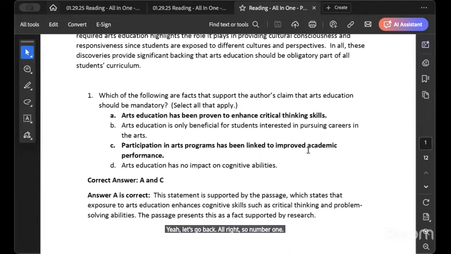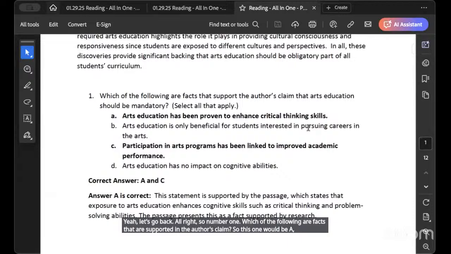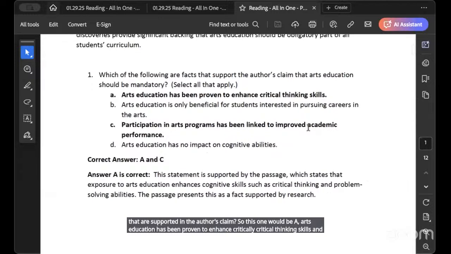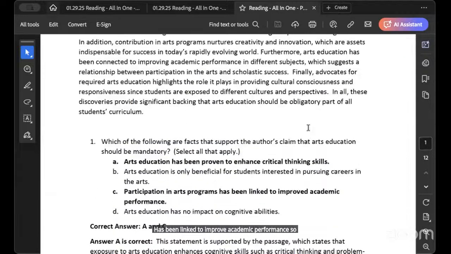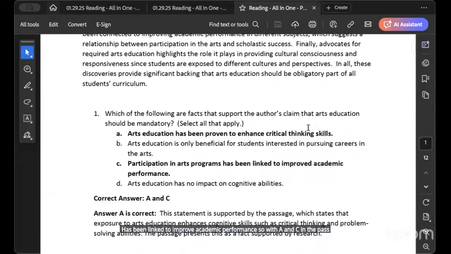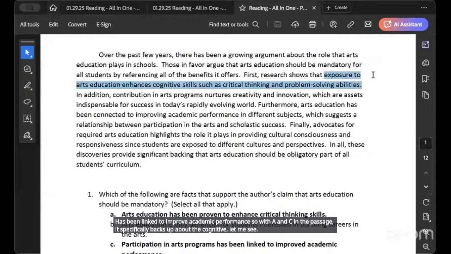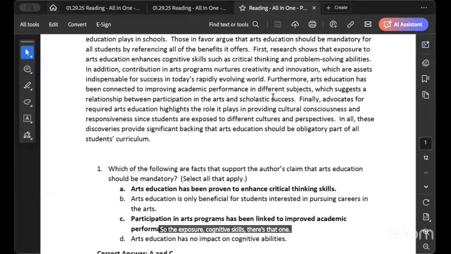All right, so number 1. Which of the following are facts that are supported in the author's claim? This one would be A, arts education has been proven to enhance critical thinking skills, and C, participation in arts programs has been linked to improved academic performance. With A and C, the passage specifically backs up the cognitive skills, and the academic performance is right there.